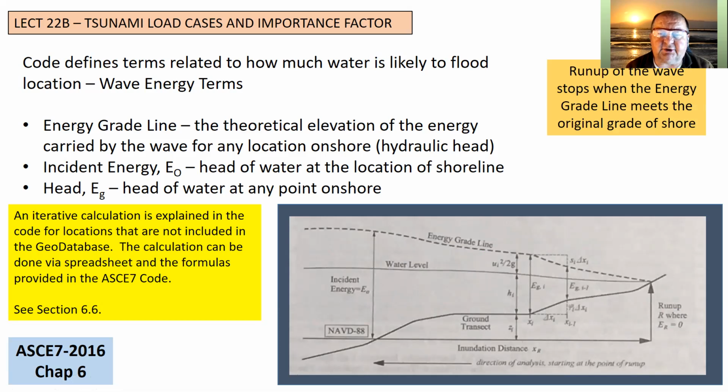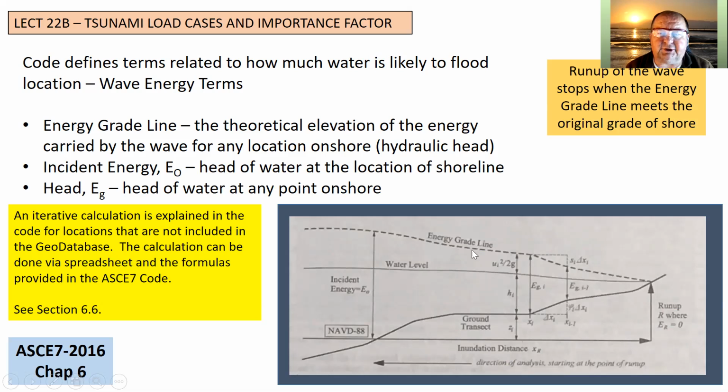It's got the potential energy of the weight of the water. It's got the kinetic energy due to the velocity of the water. That velocity stops when it finally reaches its inundation distance. So this energy grade line will be equal to the run-up elevation when I get to that inundation distance.